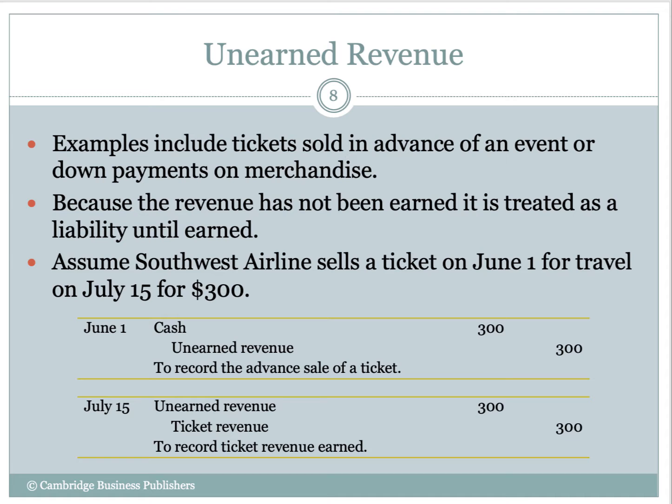Okay? So very important to understand and to remember and maybe even memorize. Unearned revenue is a liability. So when you see revenue, don't right off the bat think, oh, it's revenue, I have to credit and increase it. No. Just because it says revenue, we have to look at the type of revenue it is. It's unearned. That means it's a liability. Okay?